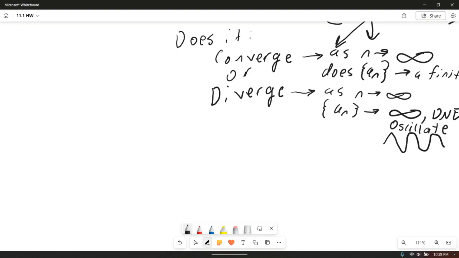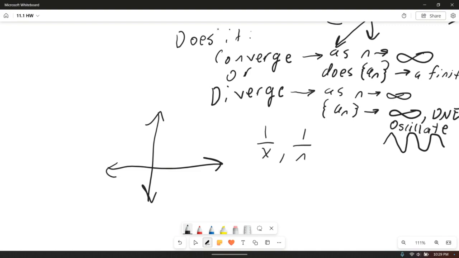But converging, a good example would be 1 over x, or in the case of a sub n, 1 over n. I'm just going to grab f of x equals 1 over x first, because I think that's a little easier to graph since I don't have to do points.